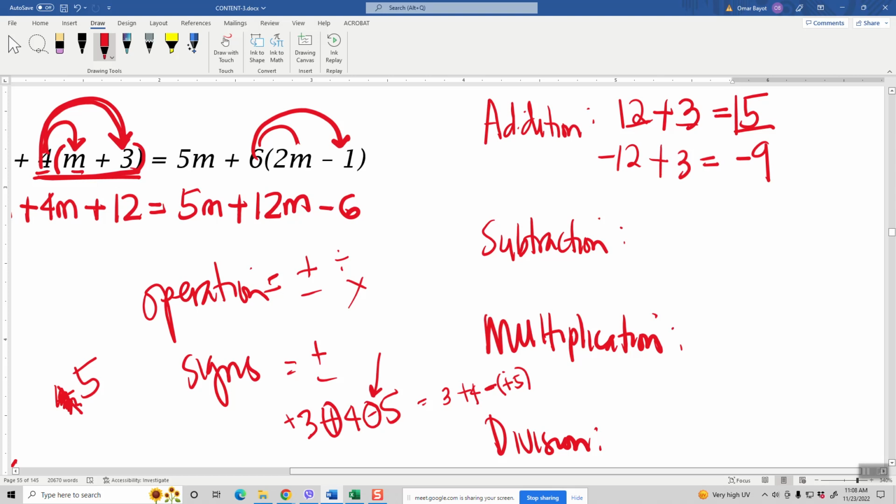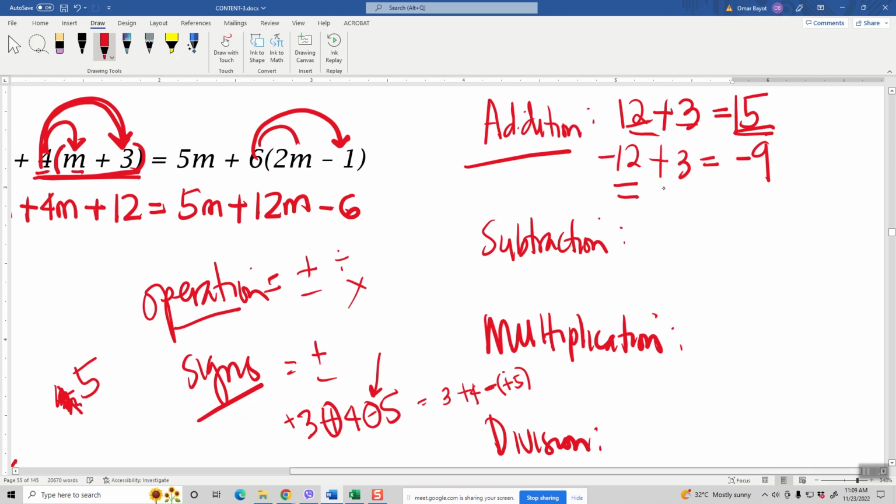So, take note of the difference between operation and the sign. So, again, when I say operation, your answer must only be addition, subtraction, division, or multiplication.